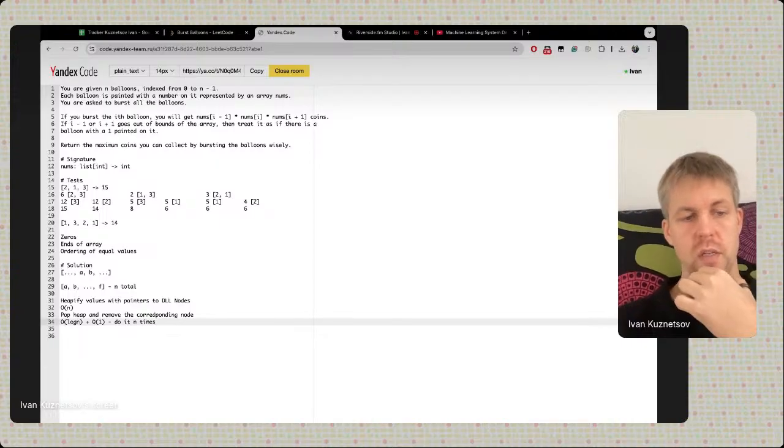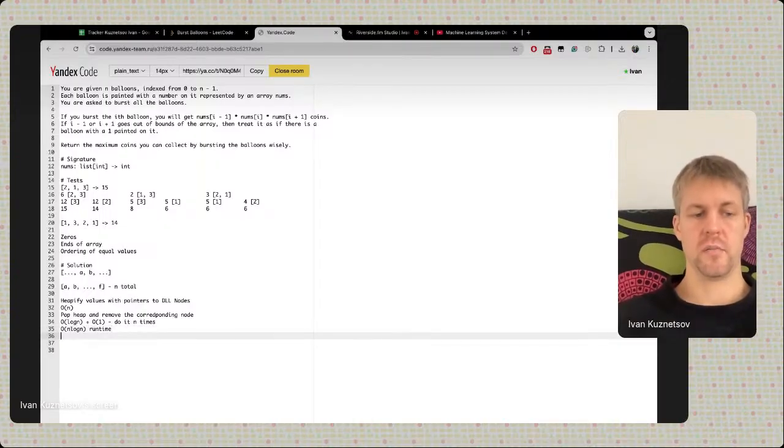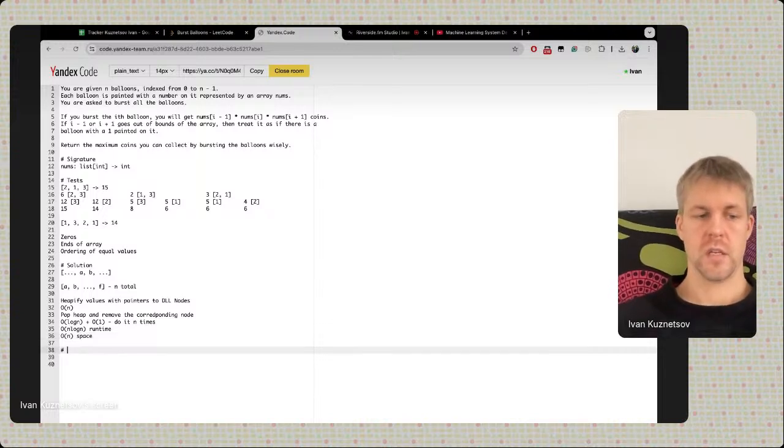Given that we do it n times, overall it will be O of n log n runtime for this algorithm, and O of n space. Okay, implementation.